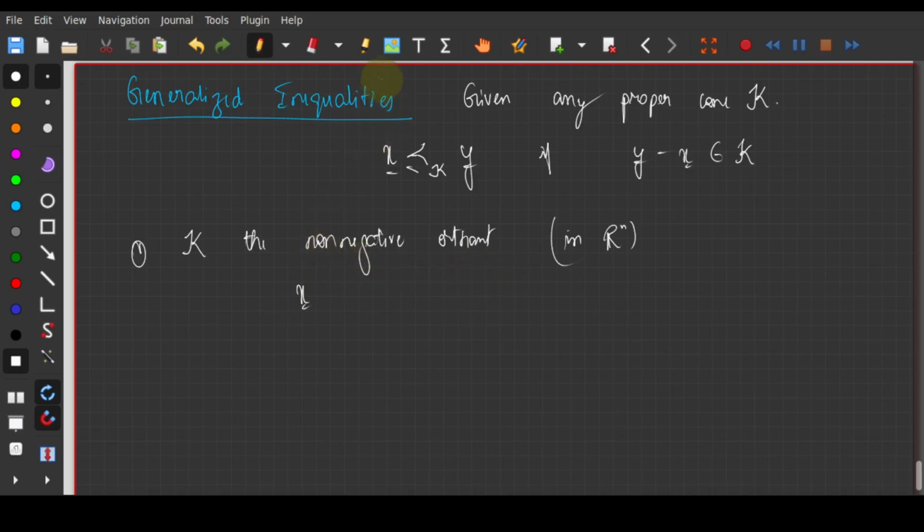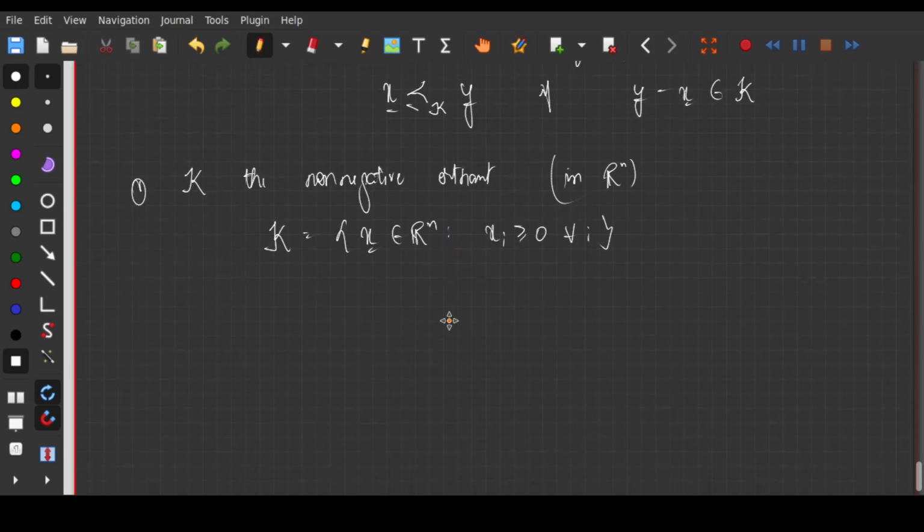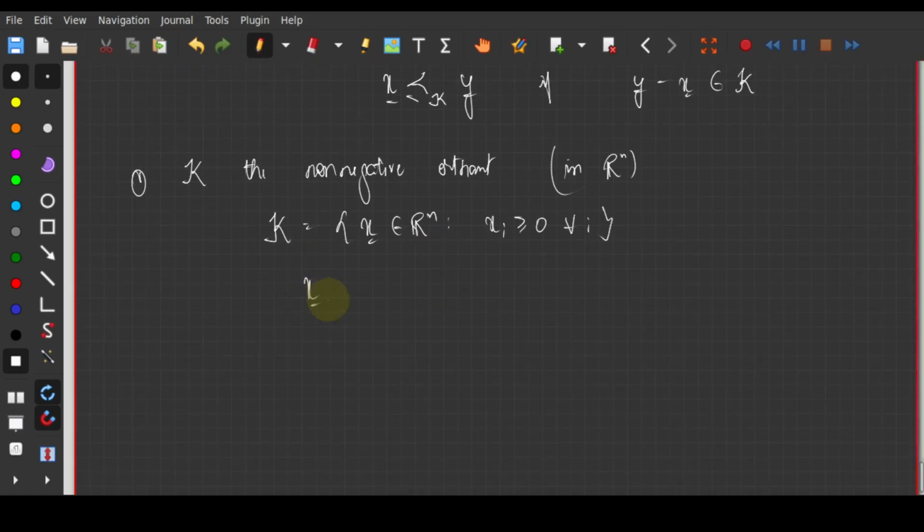It is the set of all points X in R^n such that all the components are non-negative. So in this case, what does it mean for X to be less than or equal to Y?